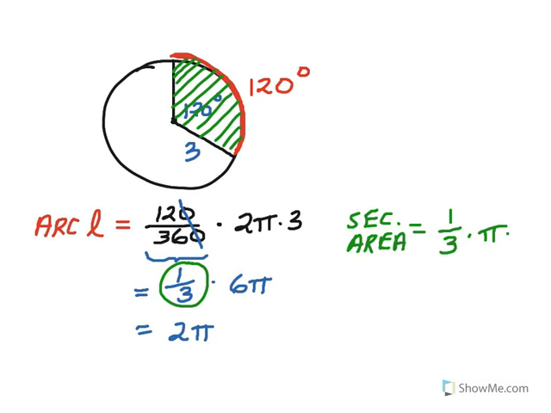So pi times 3 squared. So this is 1/3 times 9 pi, or 9 over 3 pi, which is 3 pi, and this is going to be in square units. So my arc length is just in units, and my sector area, we're talking about area, so that's 3 pi square units.